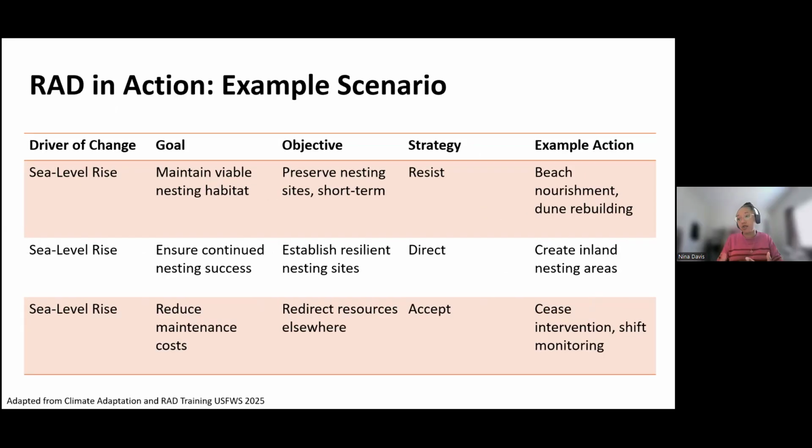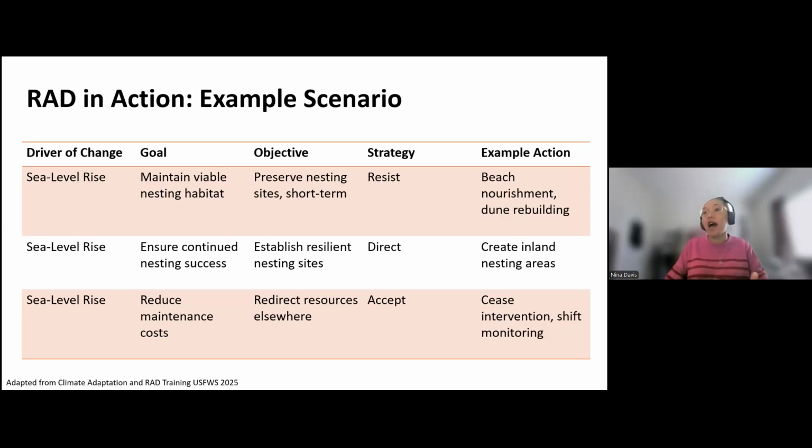Under a direct strategy, our goal might still be to support that nesting success, but we'd shift the objective to create suitable nesting habitat inland or on higher ground. Actions could include identifying new sites, acquiring land, or managing vegetation to create conditions that turtles need.